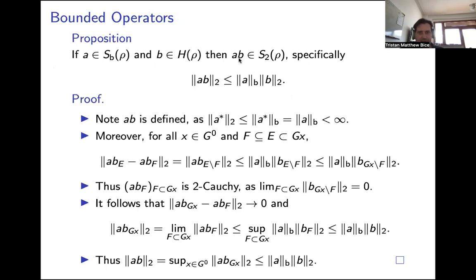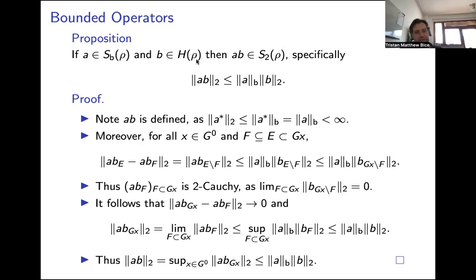Okay, so the previous result was saying that AB has finite 2 norm. So if you like, it's really saying A is an operator, but not exactly an operator on H of rho. It's really an operator from H of rho to this larger Banach space S2 of rho. And the natural question you would ask is, when is A itself actually an operator on H of rho?